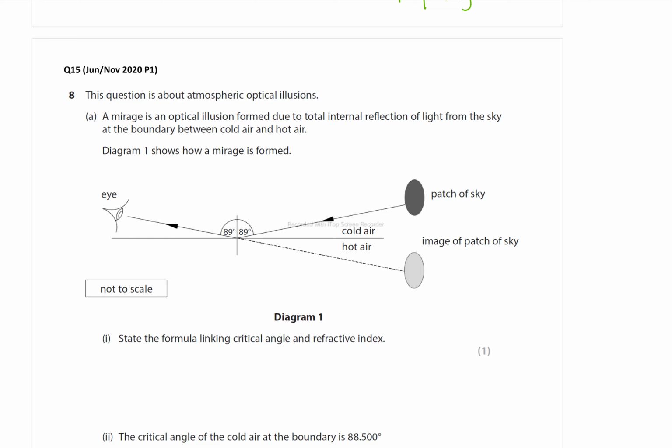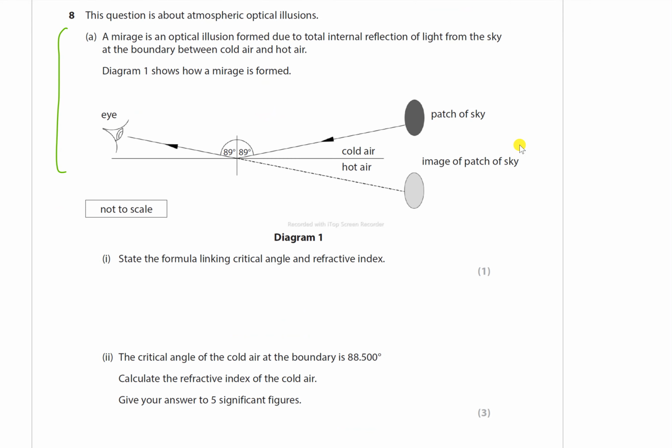Question 15 on the light worksheet. They're asking us to link the critical angle and the refractive index.